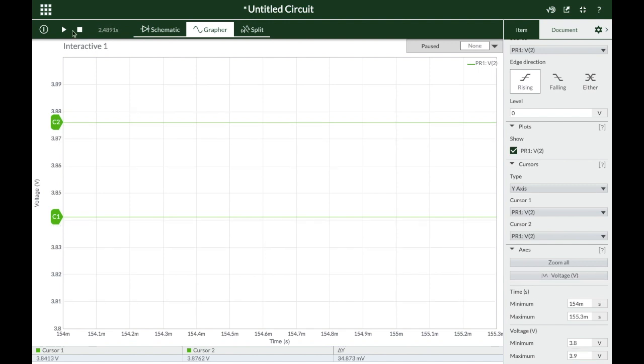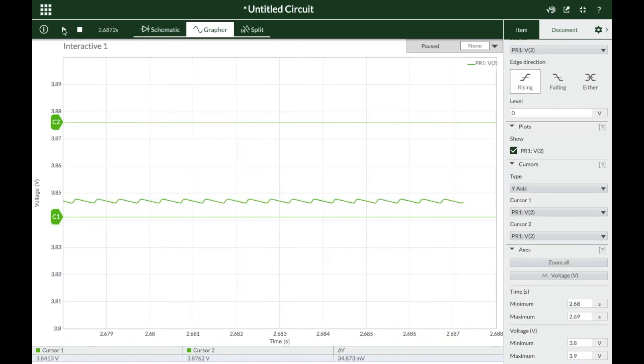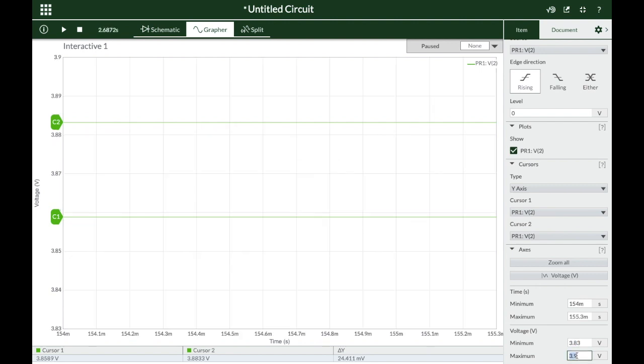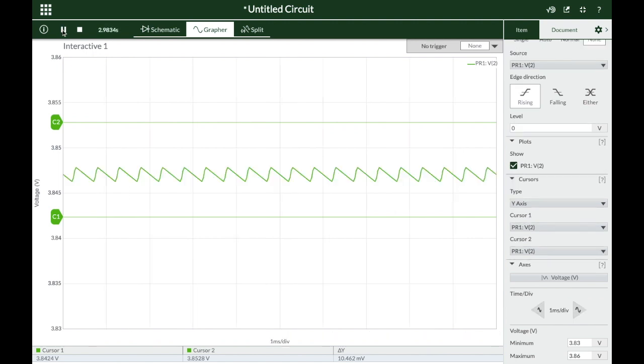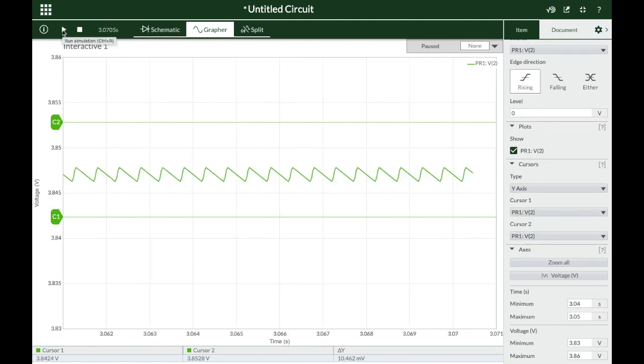Let us run the simulation once again, and now we can see the output waveform clearly. If required, you can change the limits once again. So let me take the lower limit to 3.83 and upper limit to 3.86. Run the simulation once again, and now you can observe it clearly.